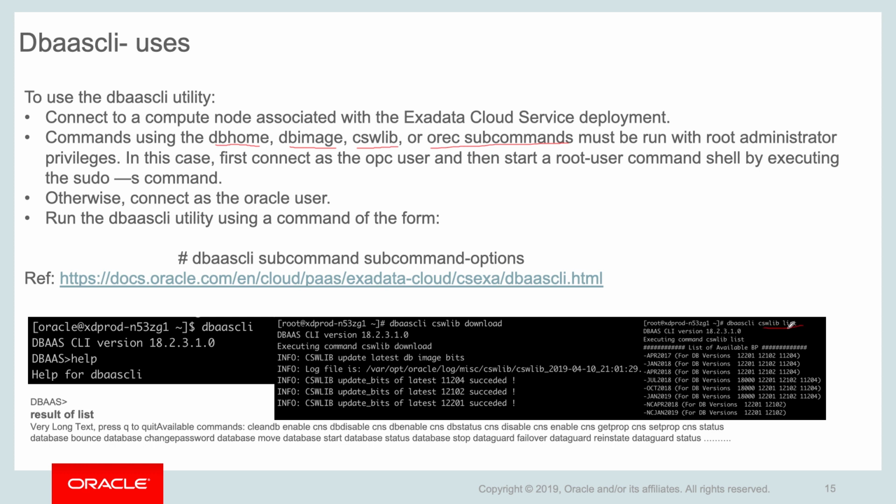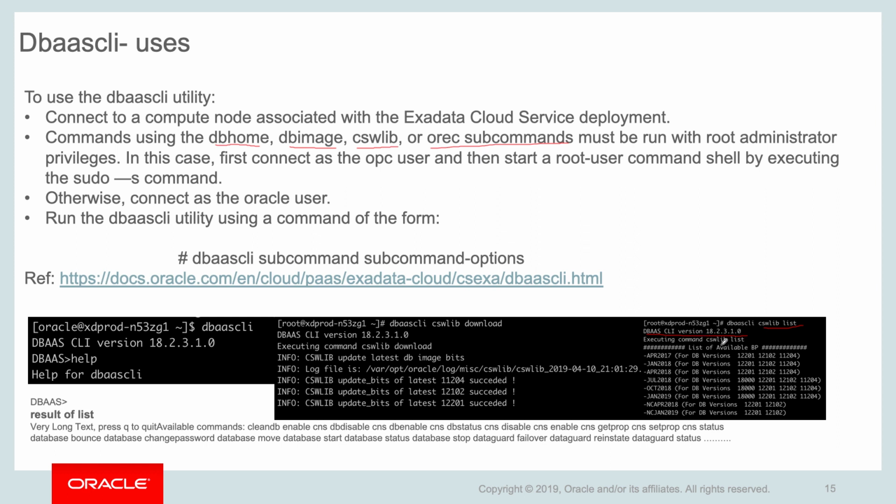The cswlib list is going to display what specific versions are there. And if you notice, my Dbaascli version is 18.2310. This means I have definitely updated my cloud tooling, which provides me the latest version of all the utilities, whether it's the Dbaas API or CLI, or any changes or enhancements we are continuously making to the cloud environment. They all come through the cloud tooling. So that is an important step you should do before attempting this command.